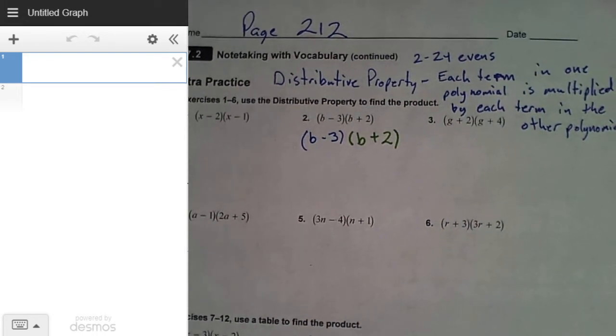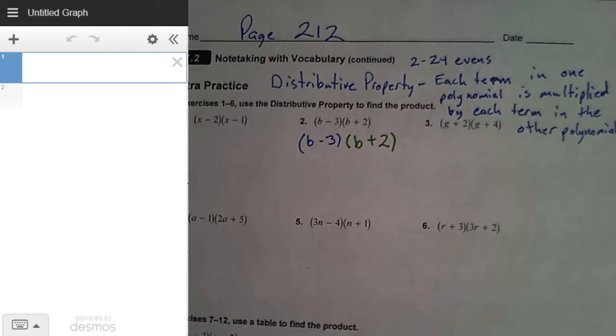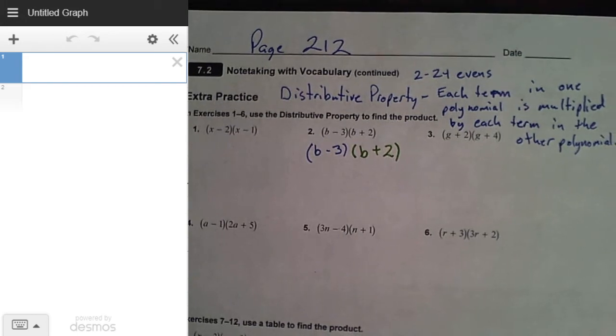Okay, gotta zoom out just a little bit so you can see that whole thing.